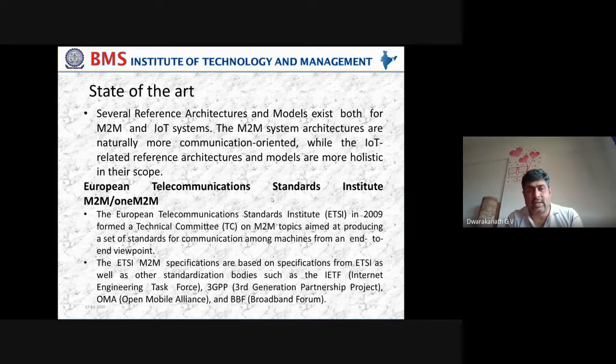The first point is that the European Telecommunications Standards Institute, that is ETSI, in 2009 formed a technical committee on M2M topics aimed at producing a set of standards for communication among machines from an end-to-end viewpoint. So in 2009, this standards institute formed a technical committee especially for M2M.